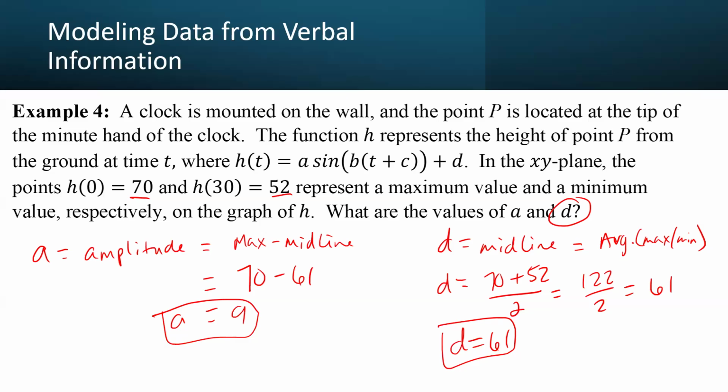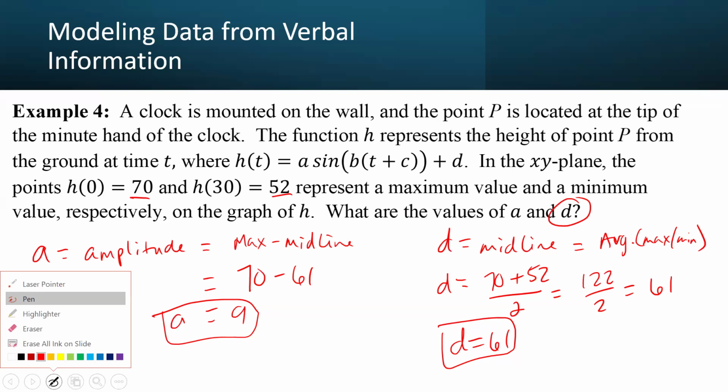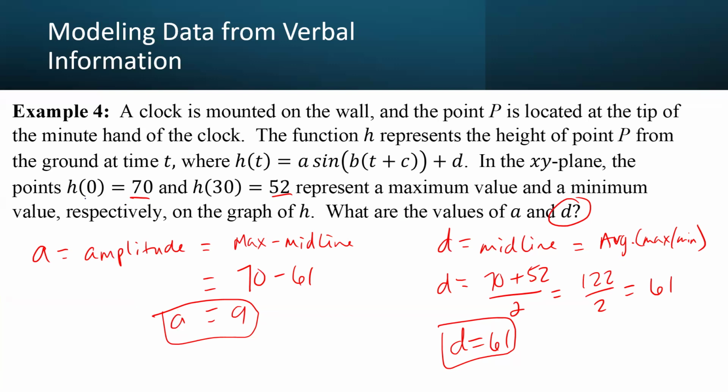I know this is not what the problem's asking us, but I wanted to make sure. Your period is based off of the change in your domain, the change in your x values. So this is only half of a period, and half of a period is 30. So what would be a full period? 60. So the period equals 60. Does that make sense?